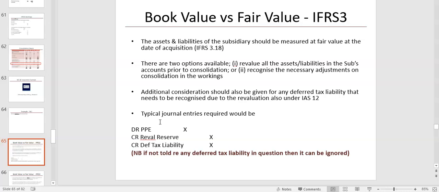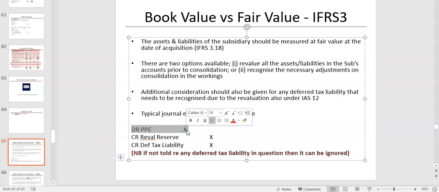So the typical journal entry would be there. For example, increase property, plant and equipment if it's a fair value adjustment upwards. Credit the revaluation reserve. Now we would usually just credit goodwill working directly, because if you're increasing the reval reserve, you're going to be impacting the goodwill working. And we'll see with that the example we're going to look at in a second.